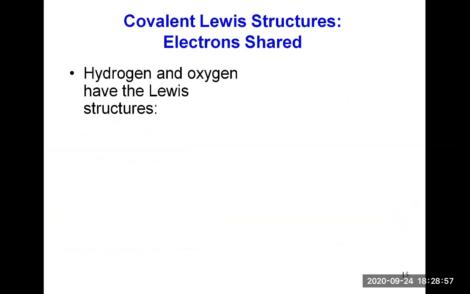So, let's look at the Lewis structure of water again. When you look at the Lewis symbols of just hydrogen and oxygen by themselves, hydrogen has 1 dot for 1 valence electron and oxygen has 6 dots for 6 valence electrons.